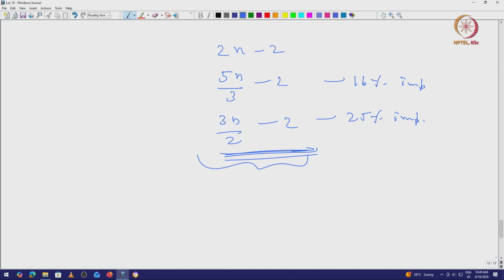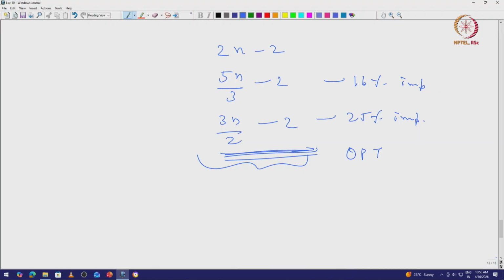Now you can ask the natural question, is there any other split? I have found out one split, that is 3n by 2 minus 2. Is there any other split that can reduce it further? The answer is no. Further reductions are not possible.